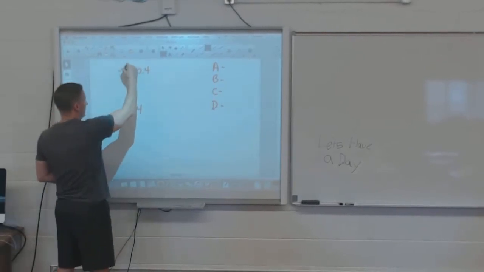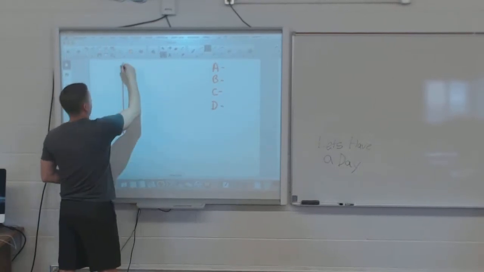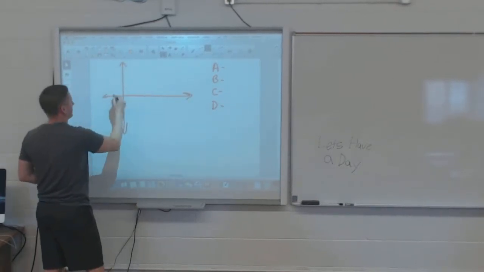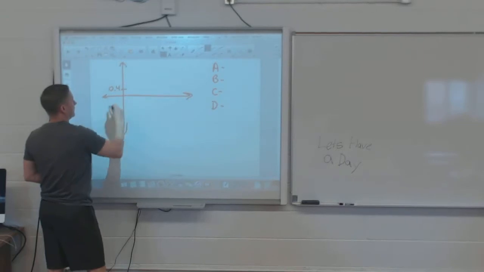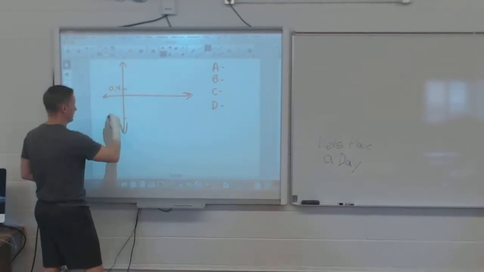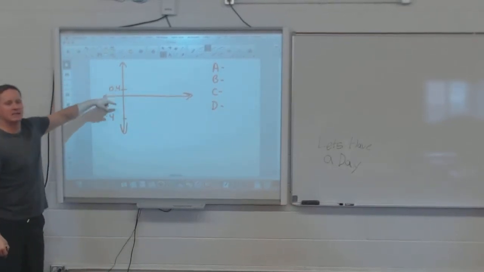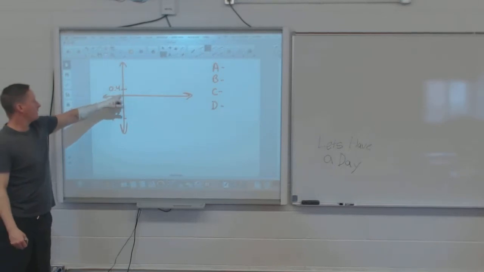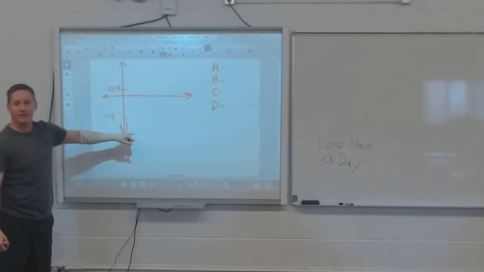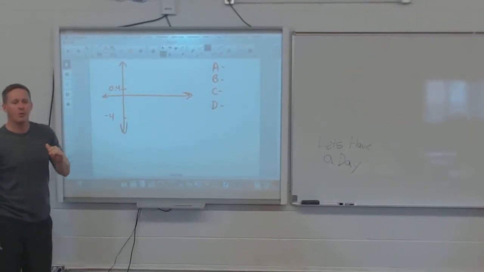Okay, just a second. What is the distance here? It's 0.4 to here, right? And then another -4 down here. Or 4. Distance, positive, right? So that's 4.4. What's halfway in between 4.4?